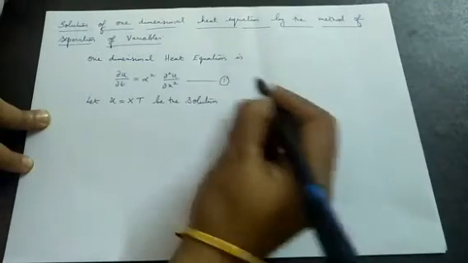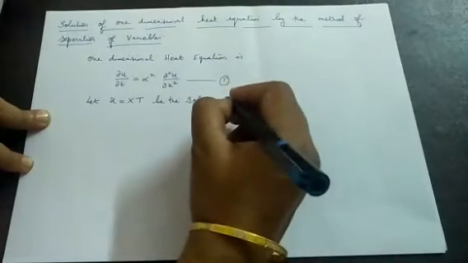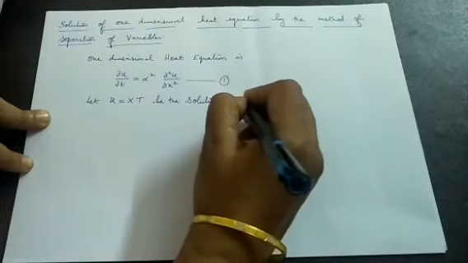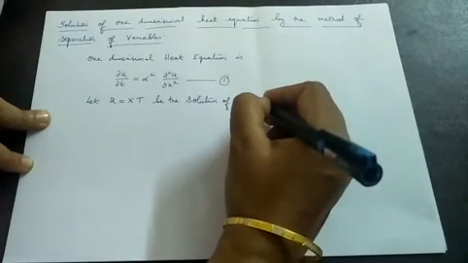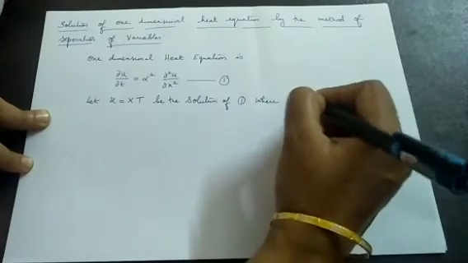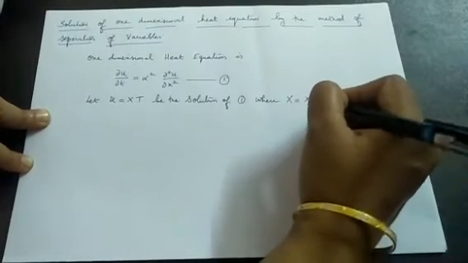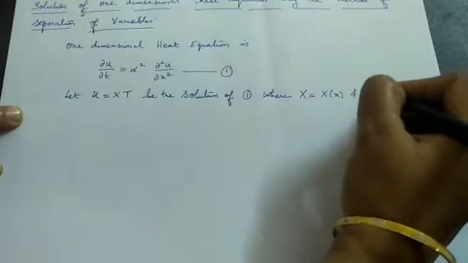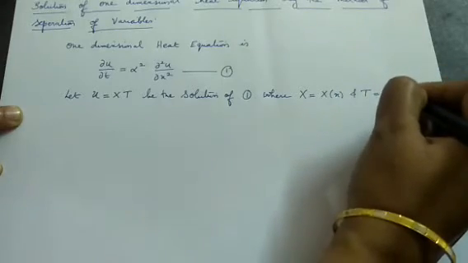Take that heat equation as equation number 1. Let u = XT be the solution of equation number 1, where capital X is a function of small x and capital T is a function of small t.